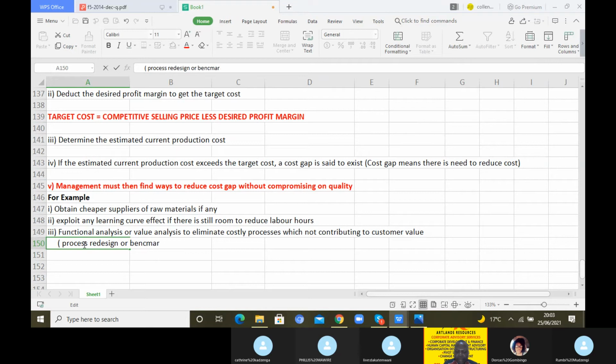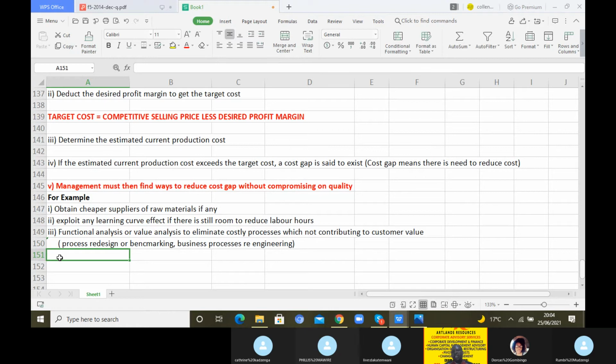You can call it benchmarking, or you can call it business processes re-engineering. All these are ways of trying to reduce the cost gap.